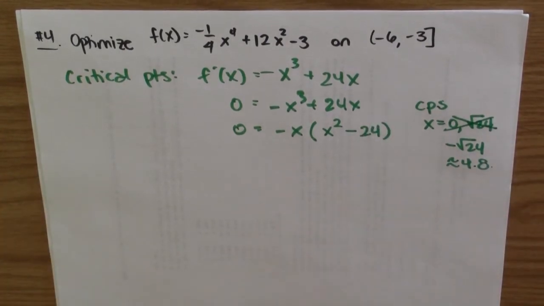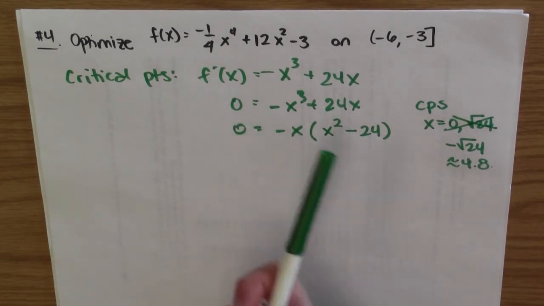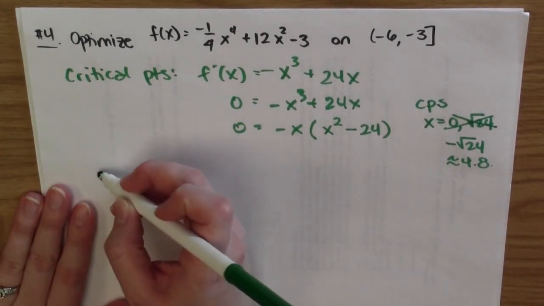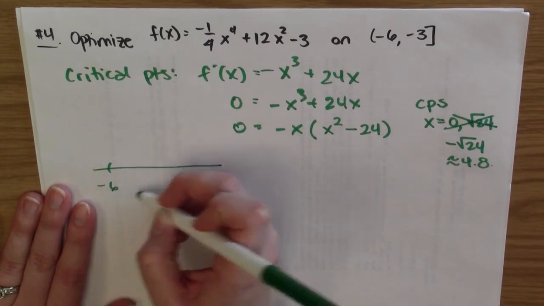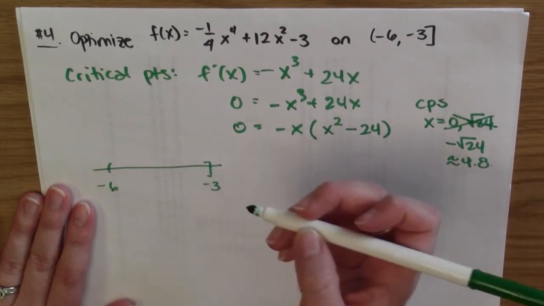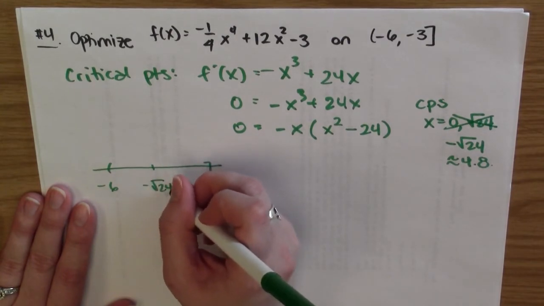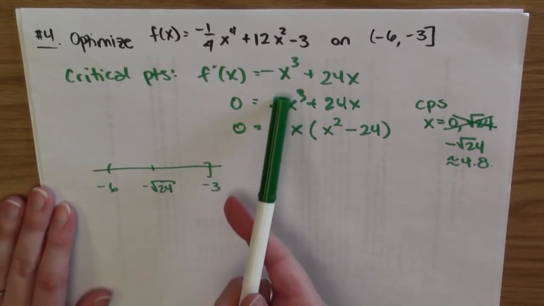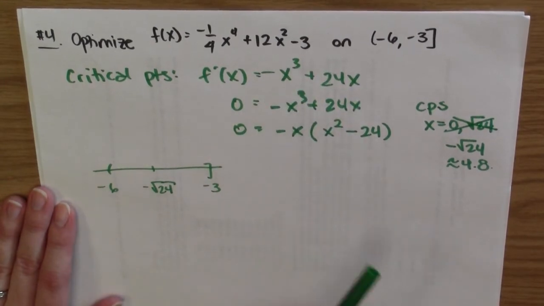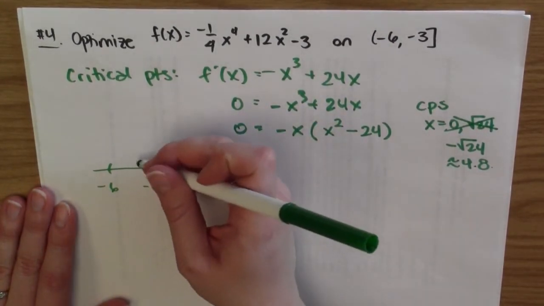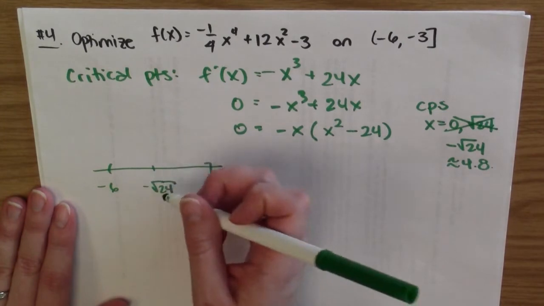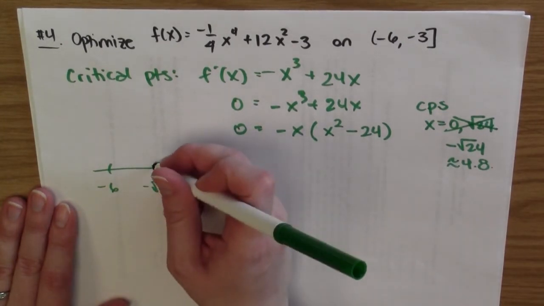So I have a critical point in this interval, and I want to figure out what's going on. Well, the thing that I want to do in this case is just inspect what the first derivative is doing. So if I'm on my interval from -6 to -3, and I have my critical point maybe about here, negative radical 24, it's a polynomial, this function, and so I know that it has to either cross the axis or touch the axis where I have a 0.